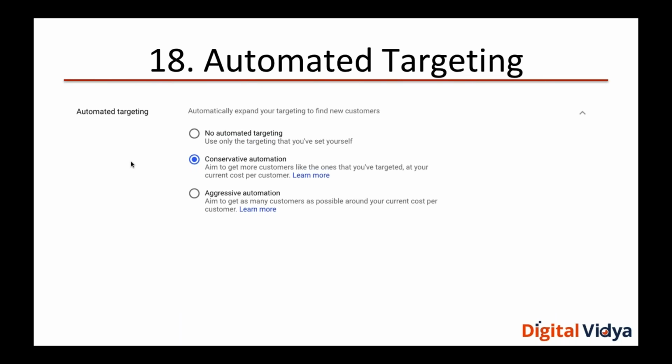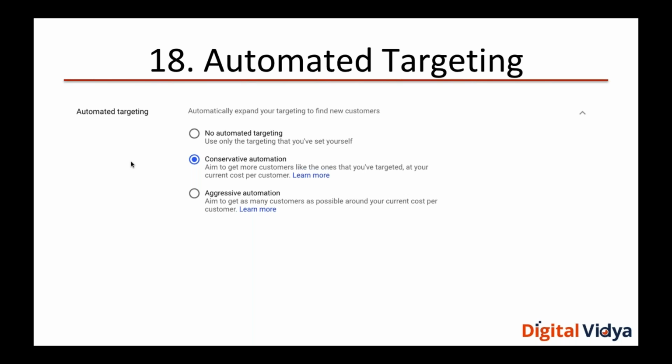And it also asks you an option at this point whether you want to automate targeting. So conservative automation, aggressive automation. Basically what it means is, by now you have already defined who should see your ad, right?